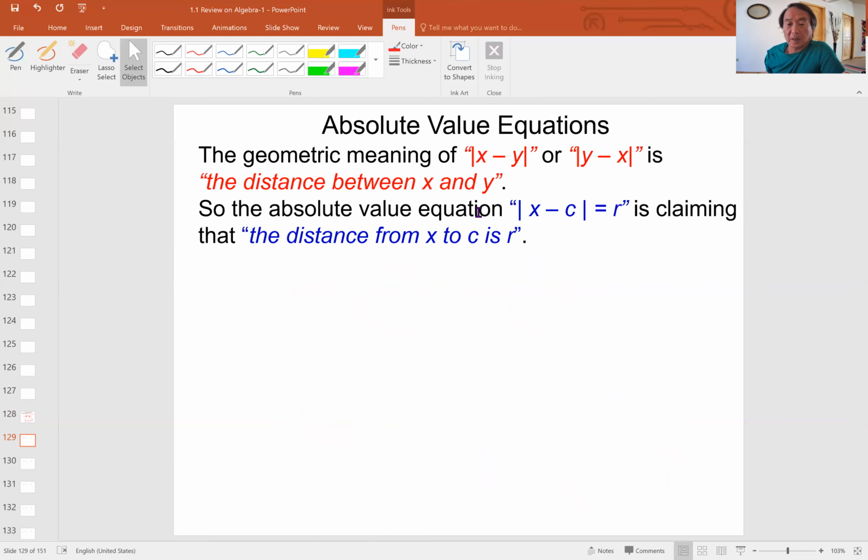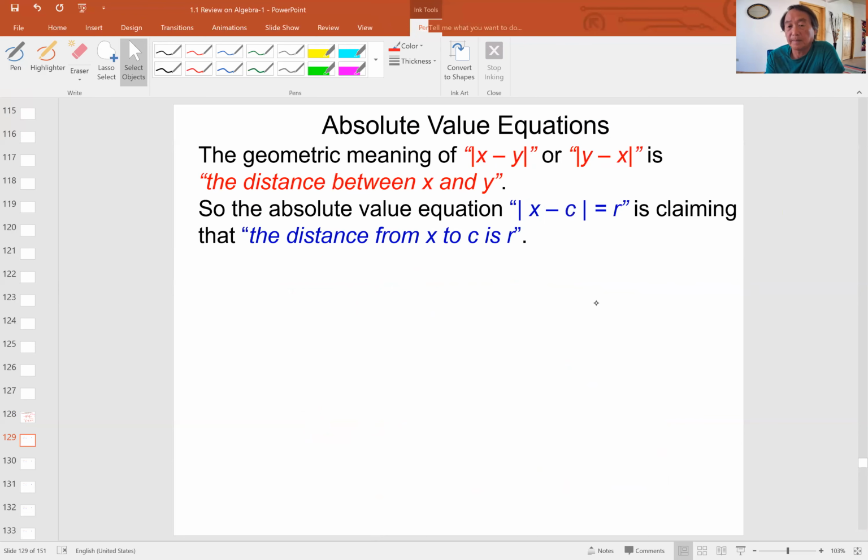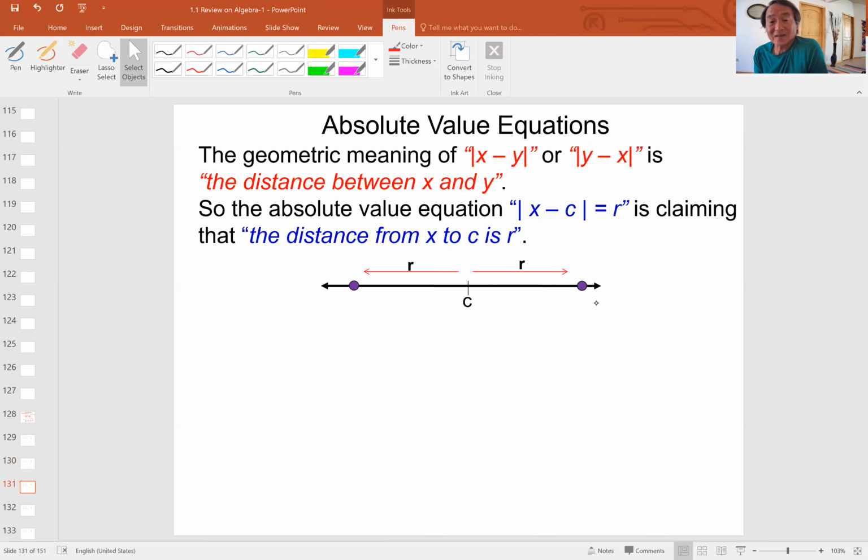In particular, the interpretation of these equations translates to: the distance between the number x, whatever that is, and the number c has to be the number r. And this has a geometric meaning. Here, c is the center. The x has to be distance r from c. That means there are 2 points, on 2 sides, r distance away.